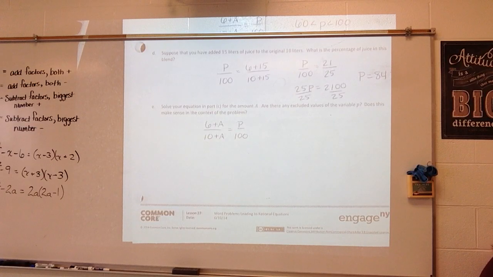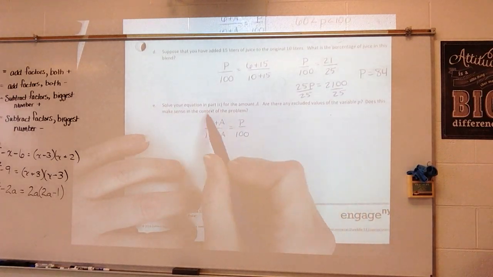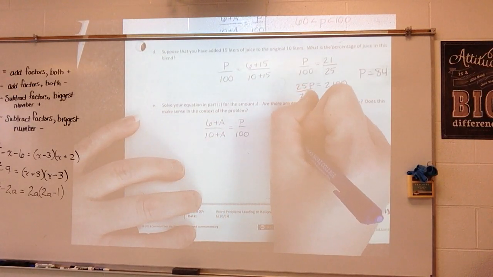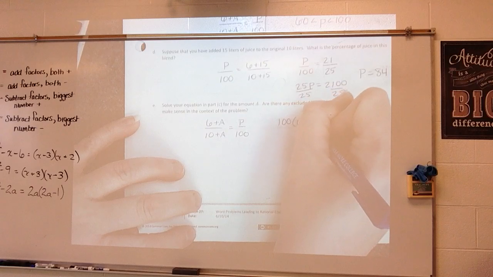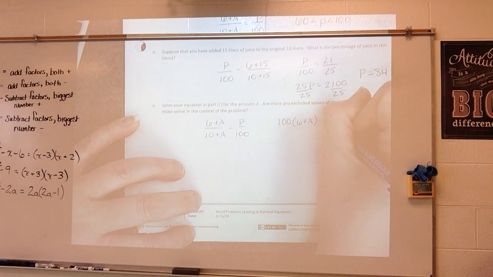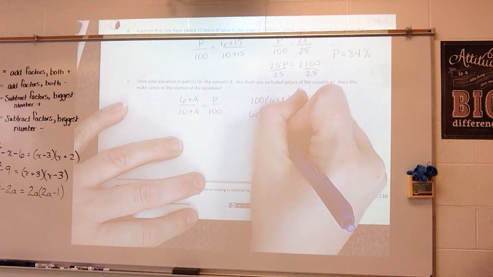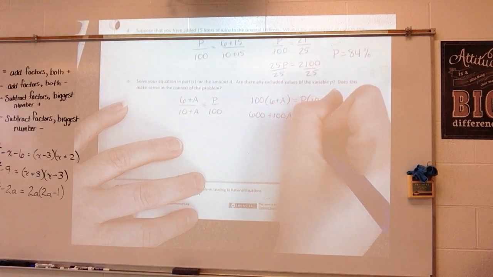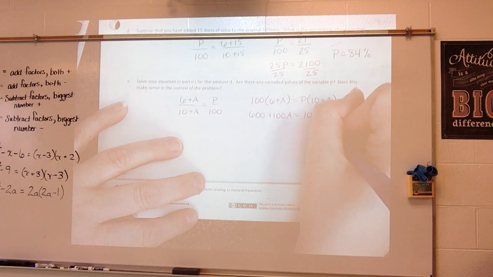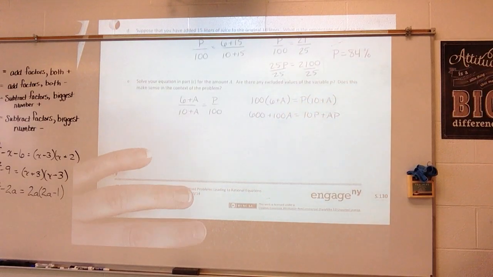It wants us to solve for A. So, I'm going to cross multiply. I'm going to do 100 times 6 plus A is equal to P times 10 plus A. Alright, so 600 plus 100A is equal to 10P plus AP.